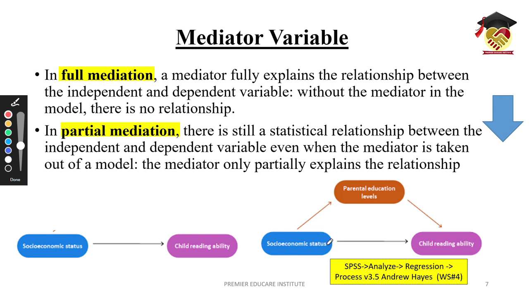So what is no mediation? No mediation means, again, this direct path is significant or prominent, and this indirect path is insignificant. That means the parents' education is not necessary at all.